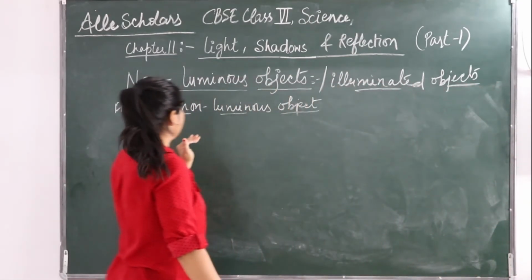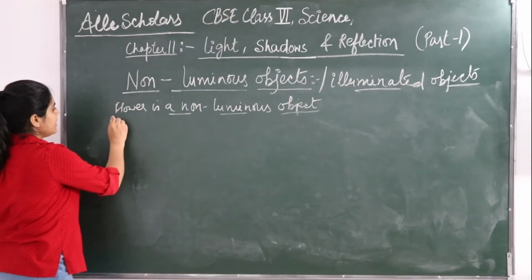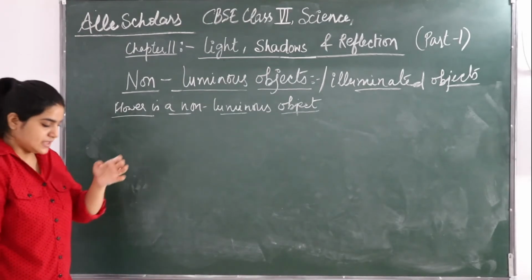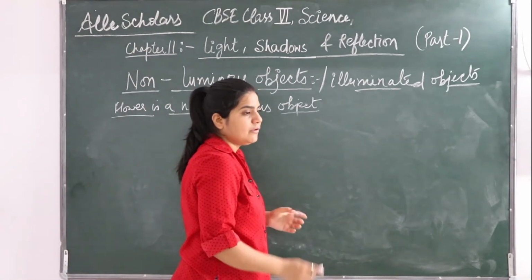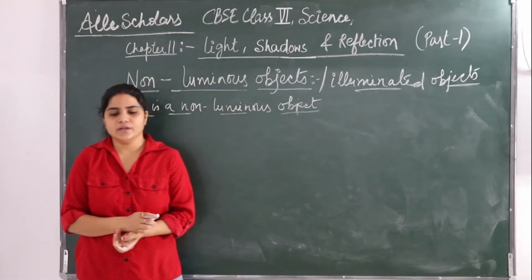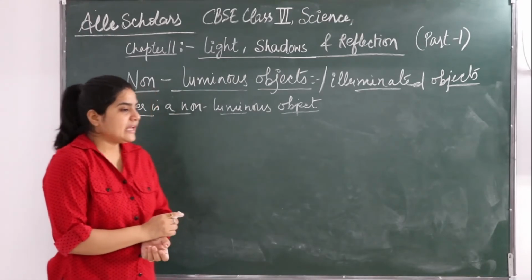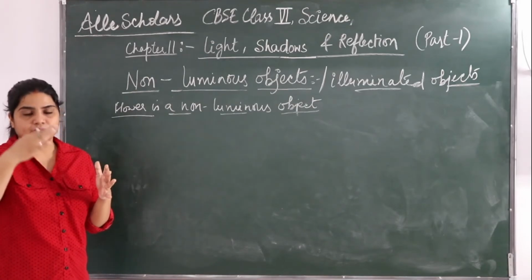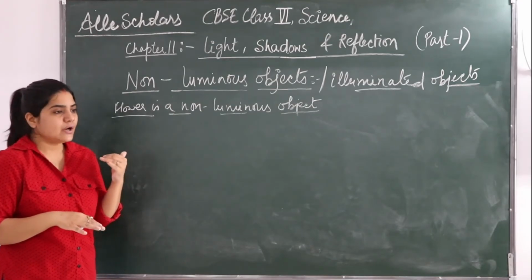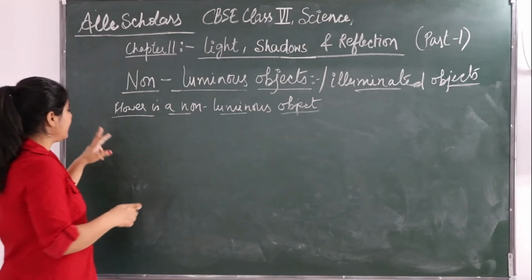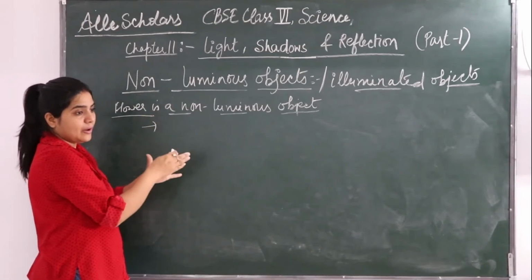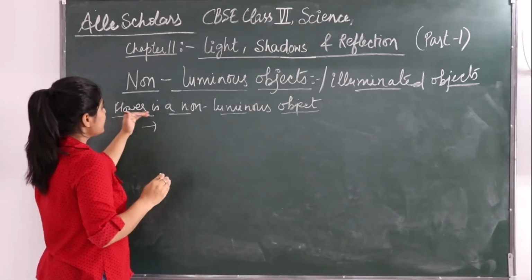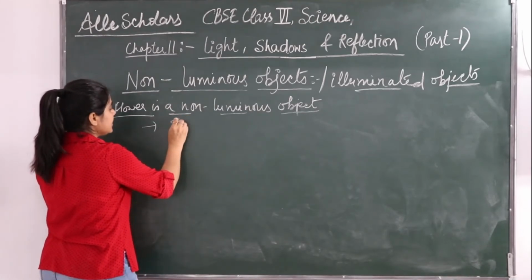So a flower is a non-luminous object. It does not give its own light. We can see a flower because it is reflecting the sunlight that is falling on it, into our eyes. So a flower is a non-luminous object.